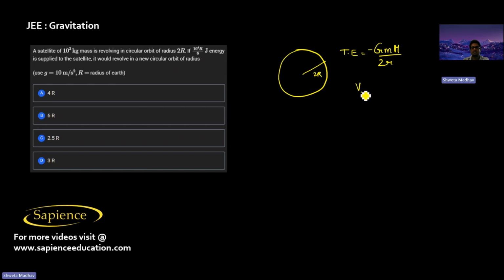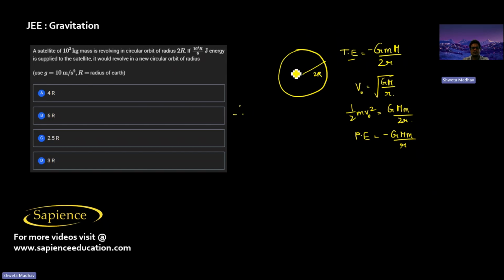We know that the orbital velocity is given as v0 equals root of GM by r. That means half m v0 squared, which is the kinetic energy, is given as GMm by 2r. And the potential energy is given as minus GMm by r. So if we add them, we get the total mechanical energy of the revolving satellite.